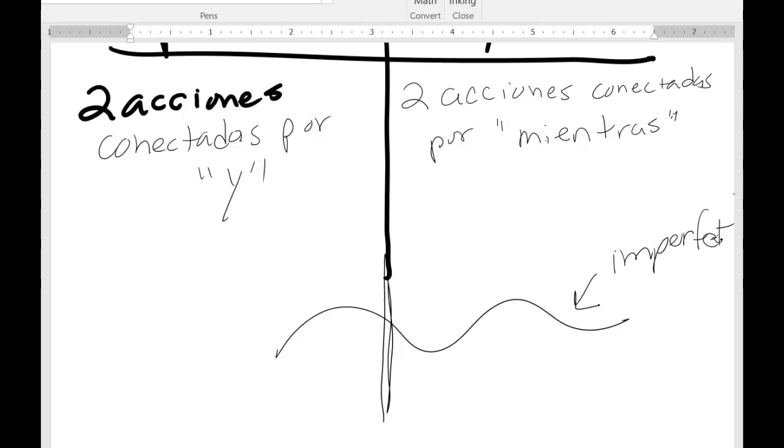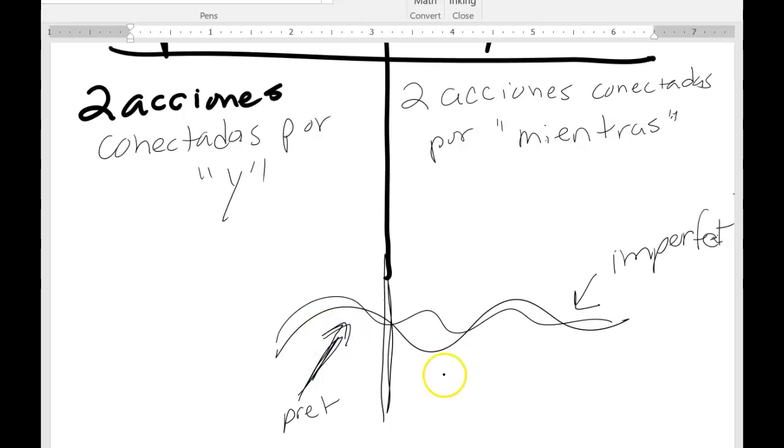And back to número 3. El que está en el pretérito indica la acción, o sea, lo que intervino y interrumpió lo que transcurría. So the interrupting action then is the preterite.